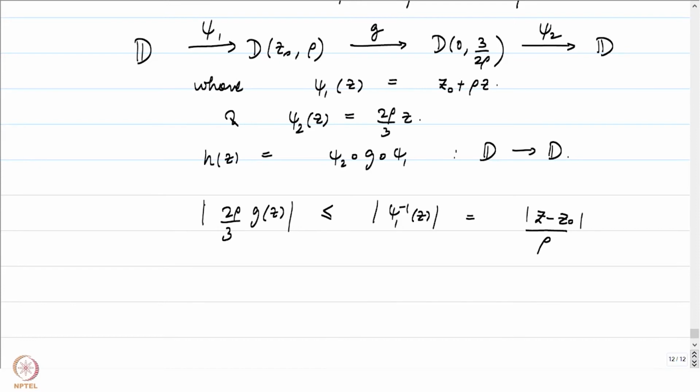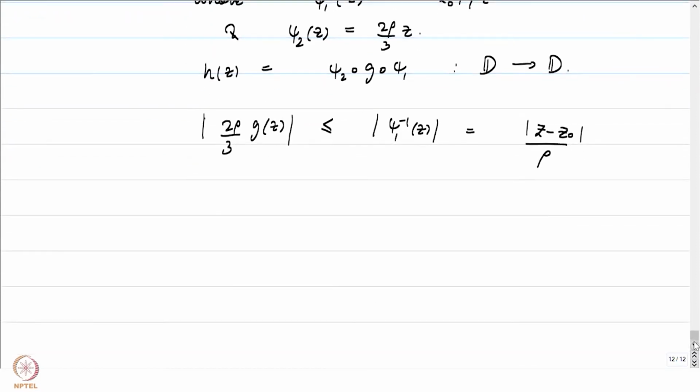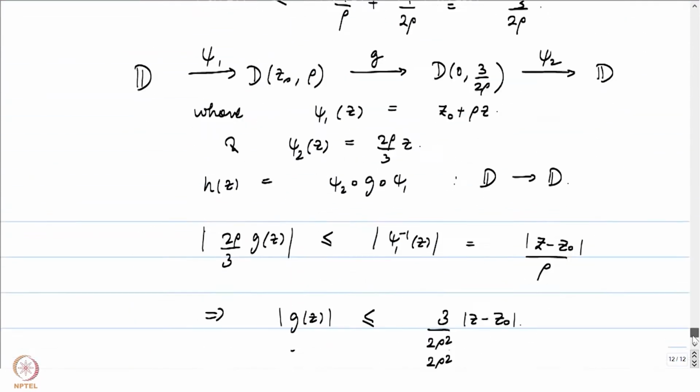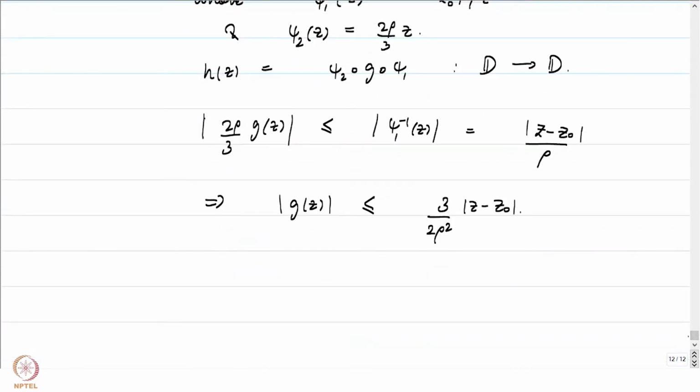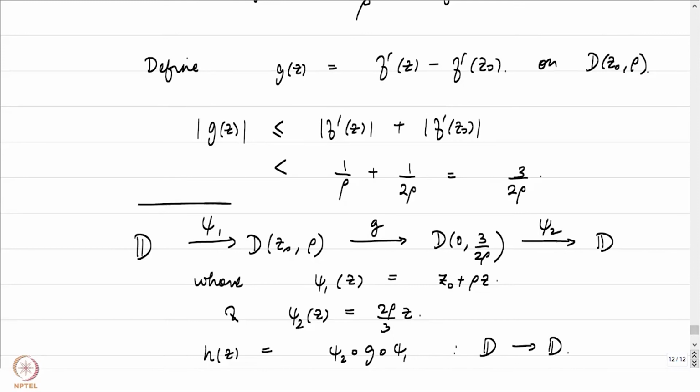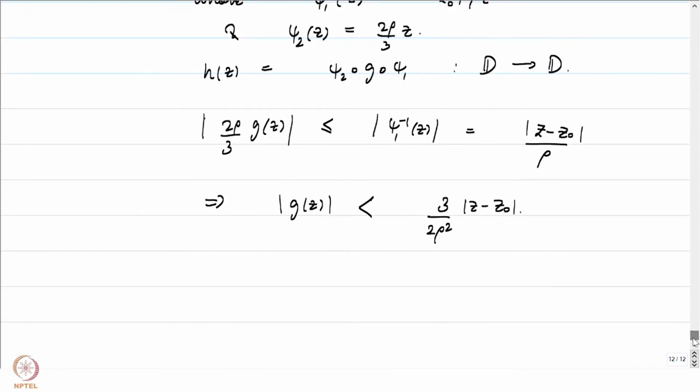This is precisely what we have, and therefore the absolute value of g of z is less than or equal to 3 by 2 rho square times the absolute value of z minus z naught. And one more observation is that this is going to be a strict inequality because there is a strict inequality here. This strict inequality will tell us that Schwarz's lemma here cannot be an equality.